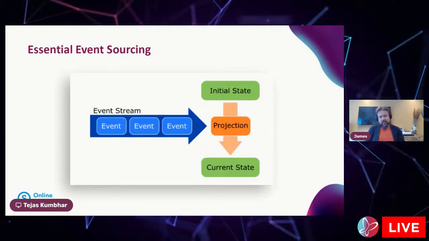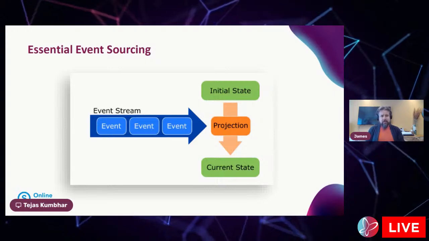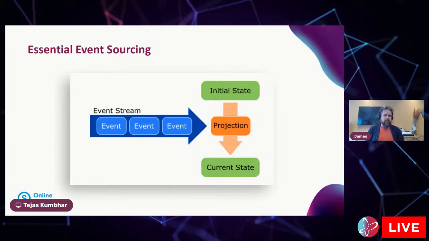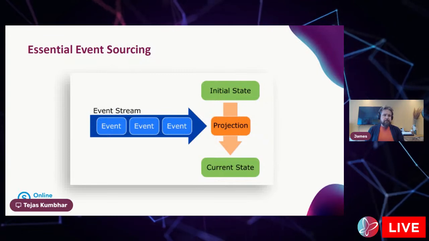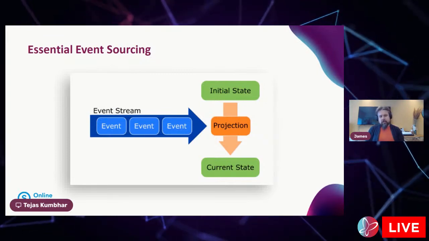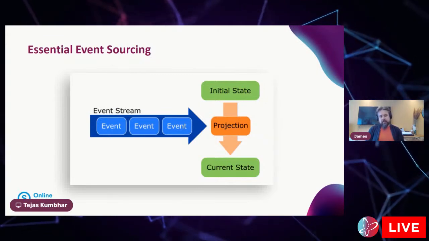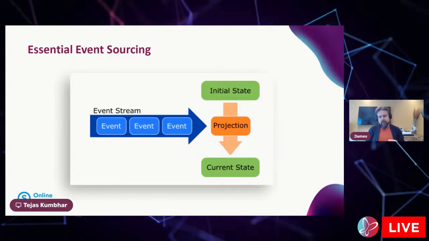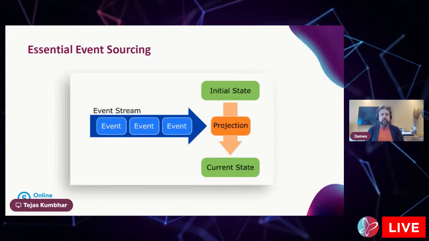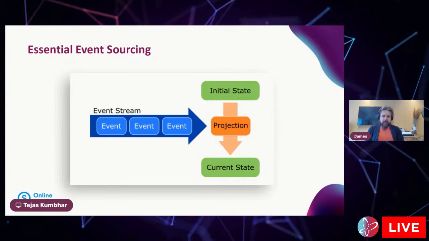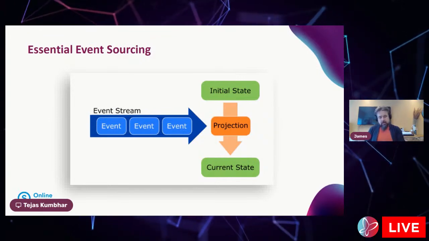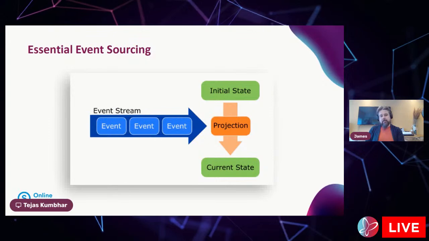So this is really the core of event sourcing. It's something that I think is somewhat glossed over when you come into the pattern and read about the pattern. But this event stream is your authoritative source of data, right?